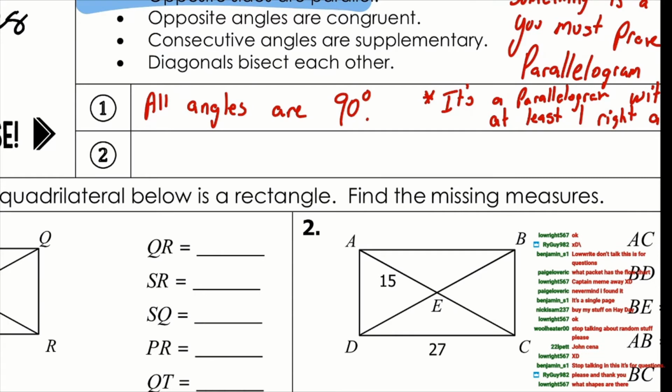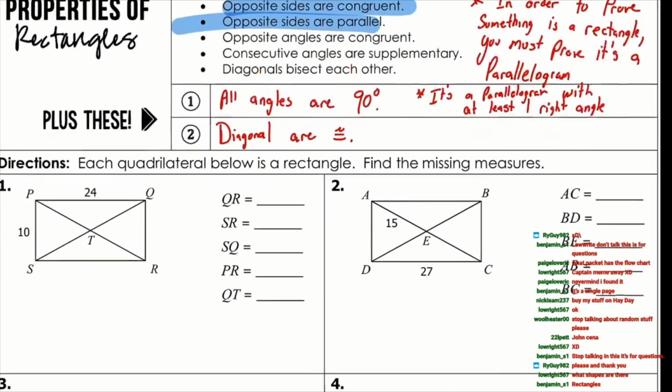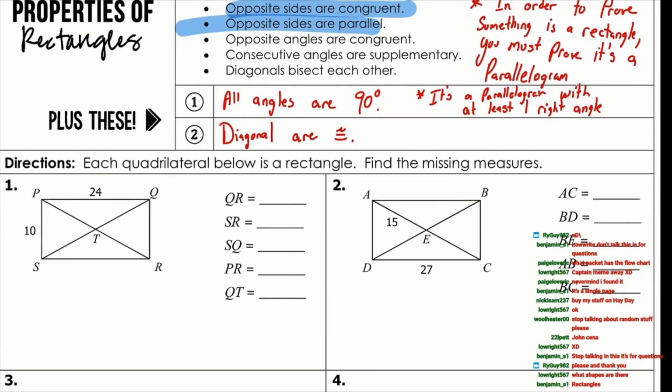The diagonals are still going to bisect each other, but in the rectangle, the diagonals will be congruent. All right, so those are going to be the main properties that we will work with.